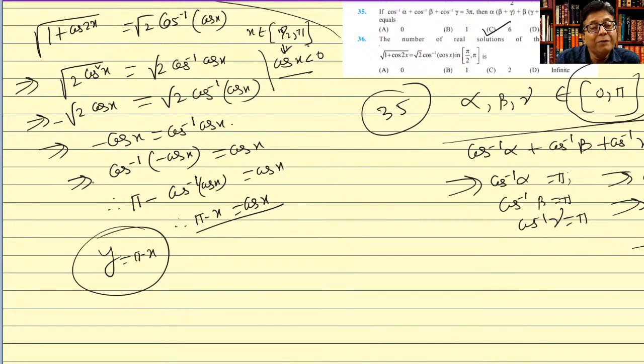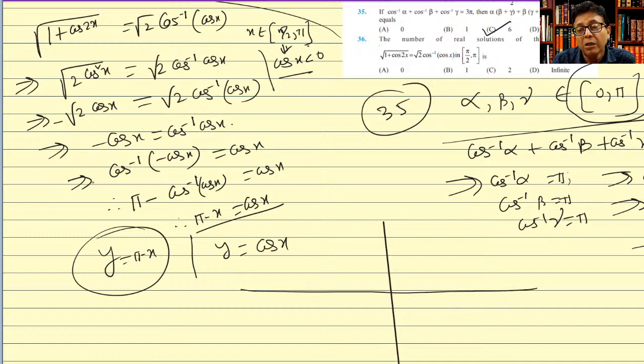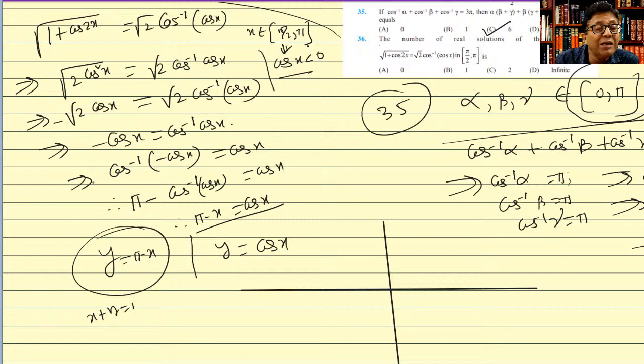Y equal to pi minus x you plot, and plot y equal to cos x also. By plotting you can guess. This is very easy. X plus y is pi. Pi over there. So the first line is drawn. This is pi, 0 and this one 0, pi.